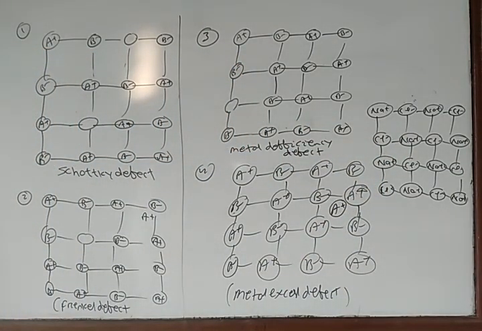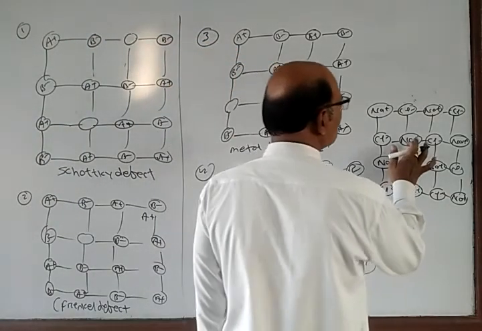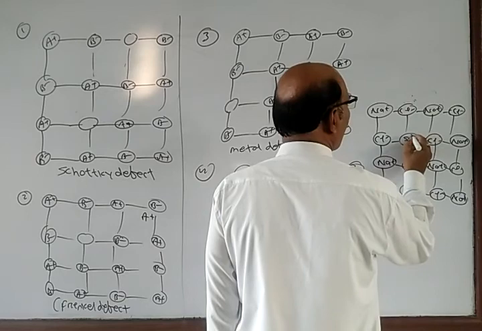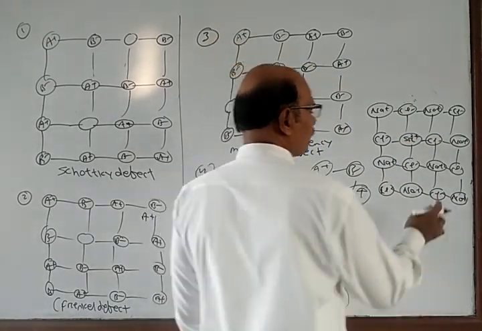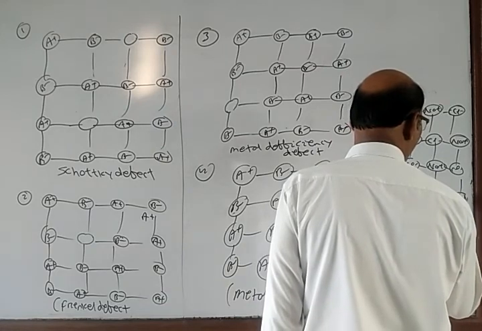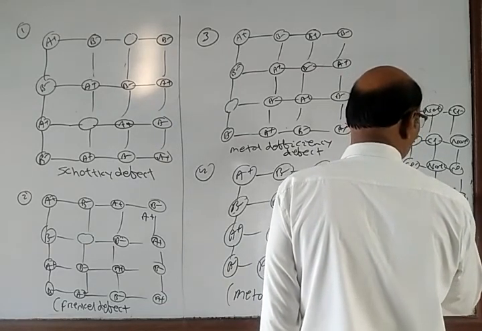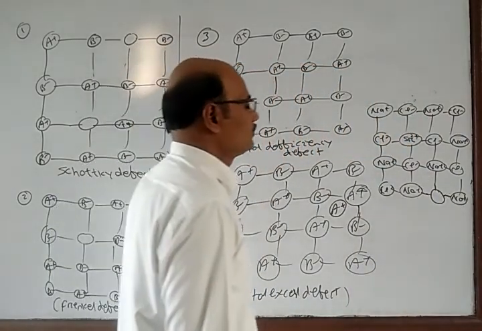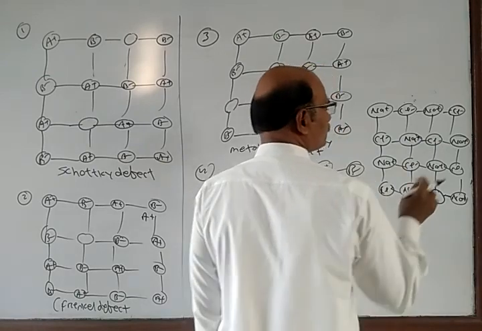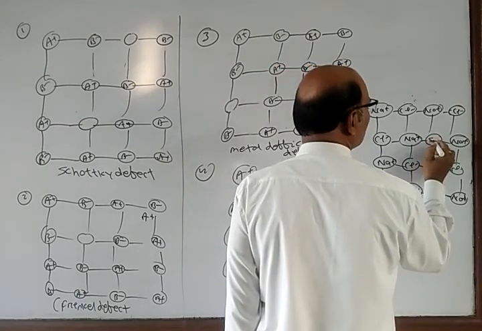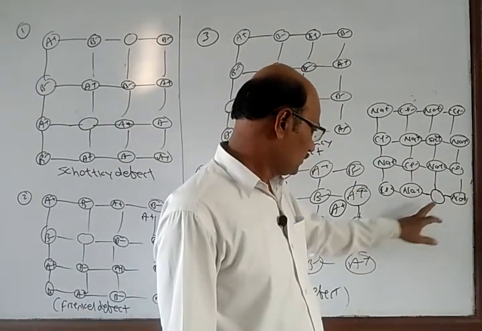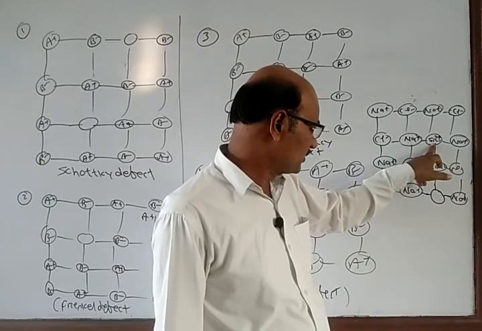Now suppose a Cl minus is absent here, and instead of one Cl minus we have Sr2 plus.